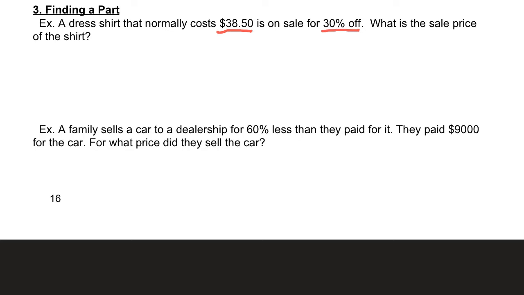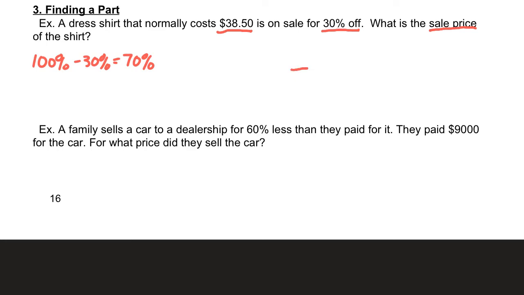So in my head, to make this problem simpler for me, I look at 30% off. 30% off of 100% of the regular price, I'd be paying 70% of the regular price. So if I'm finding the sale price, I would just use 70 as my percent.